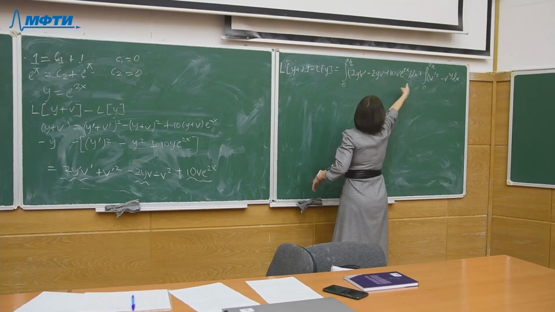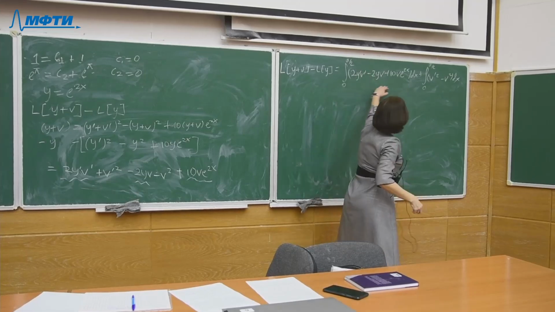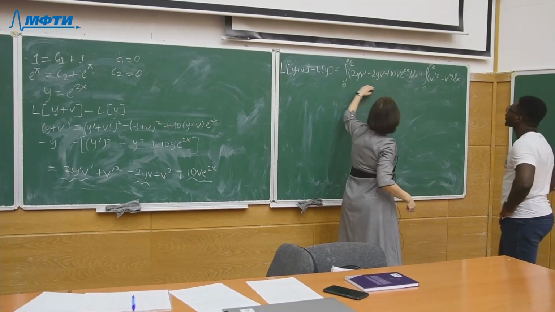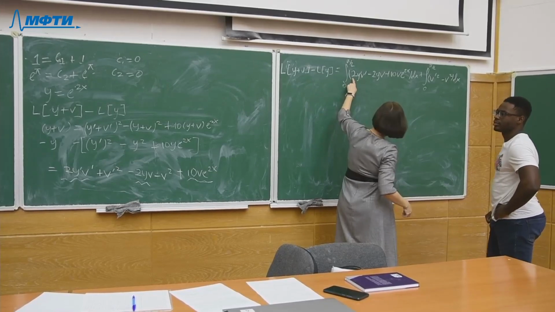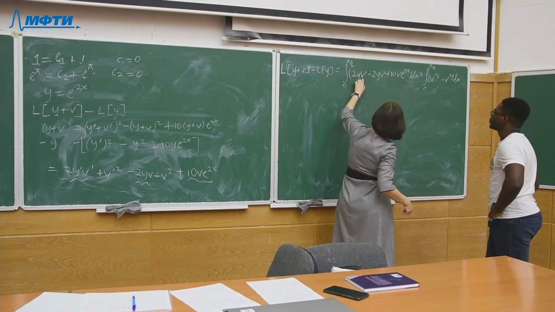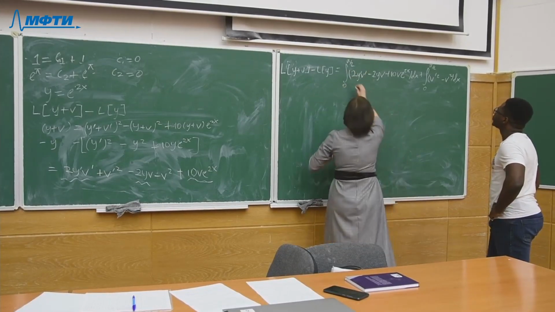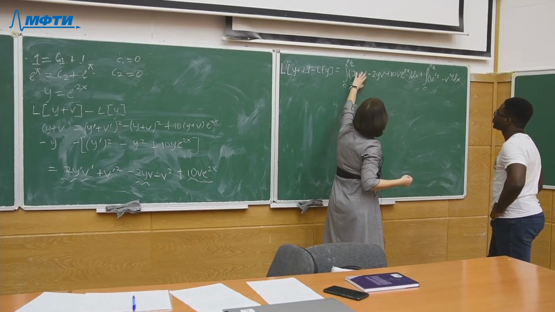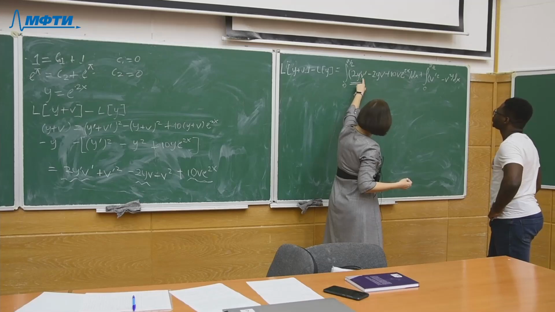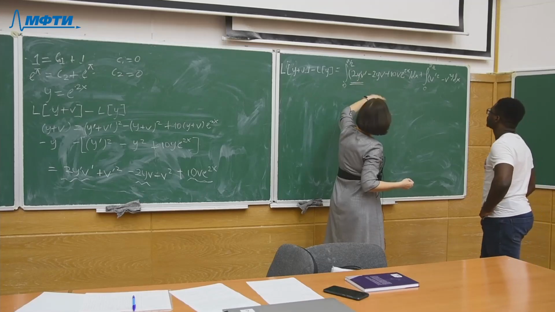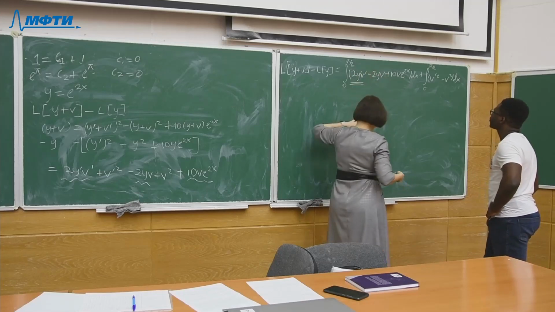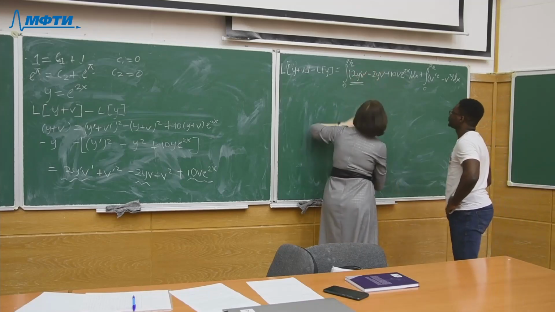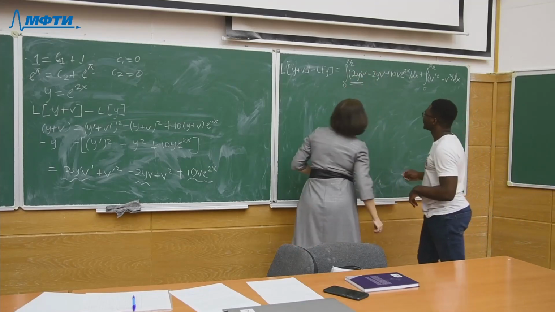First, let's consider this part and prove that this is 0. To do this, we must apply integration by parts to the term containing v prime. And after this we will get 0. We will get Euler-Lagrange equations from this.